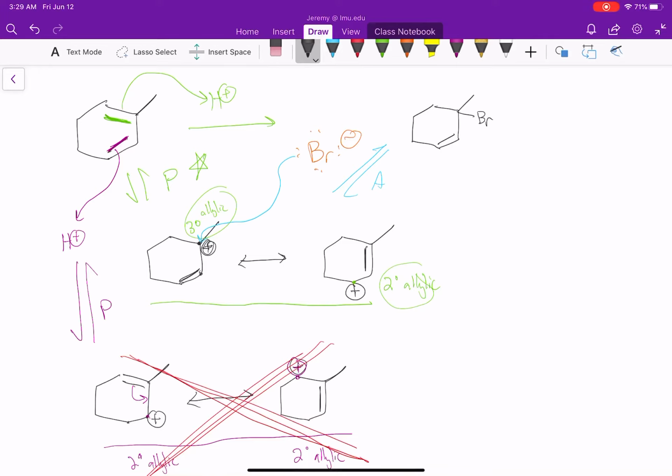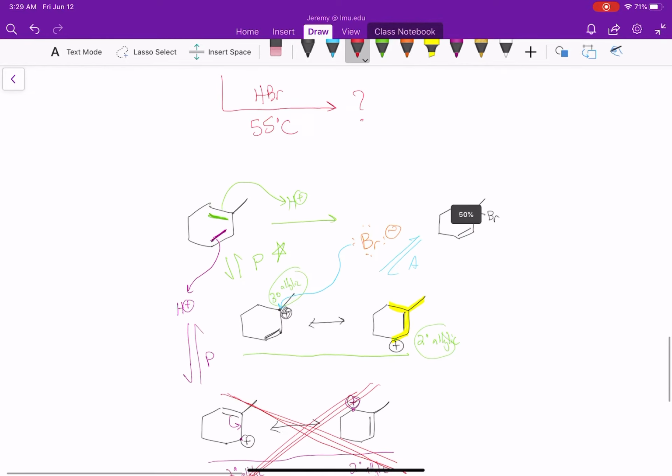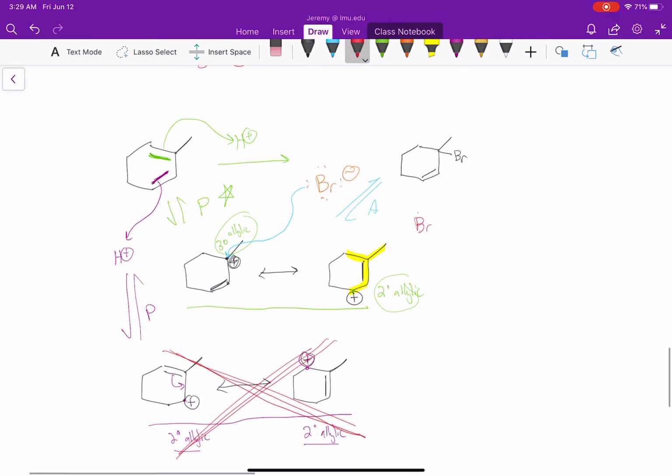At high temp, we favor attacking the alkene that's more substituted. This alkene is tri-substituted. So if the Br at high temp attacks the alkene that's more substituted, that will get us this product here, and that will be the major product there.